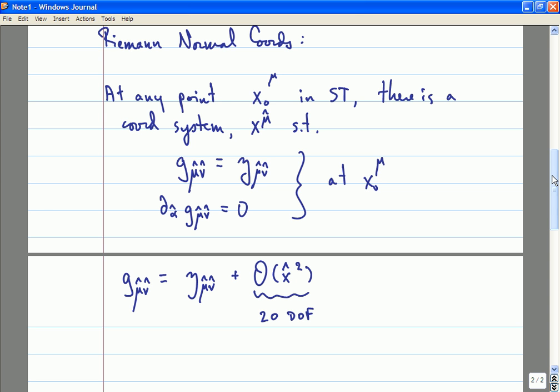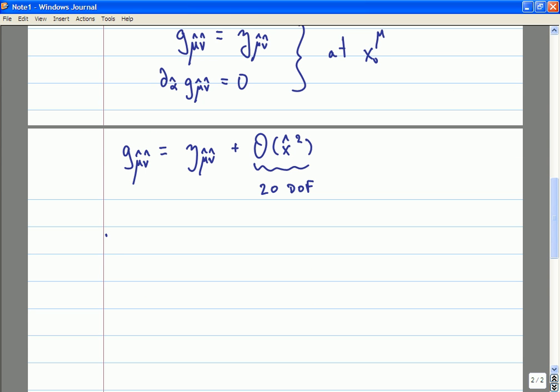Okay, so let's go ahead and ask what the Riemann tensor looks like in these Riemann normal coordinates. In particular, what I would like to compute is not the Riemann tensor with all of its indices raised, but rather the Riemann tensor as I defined it, with one upper index and three lower indices.